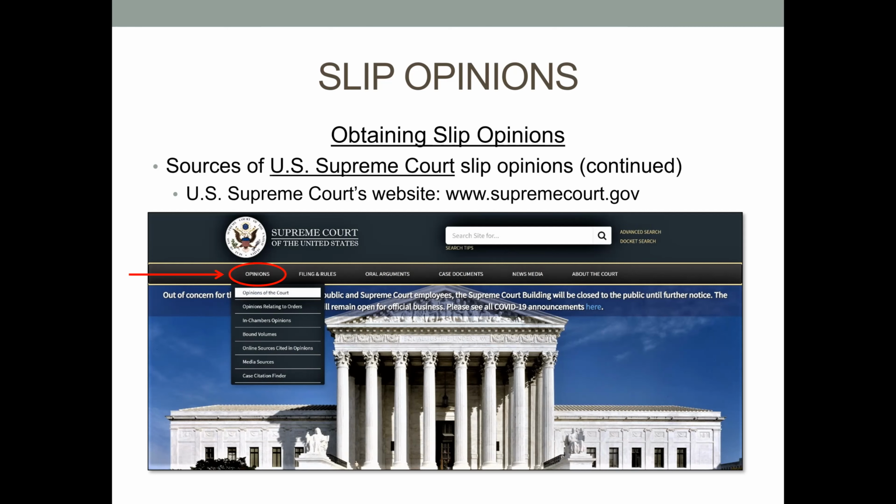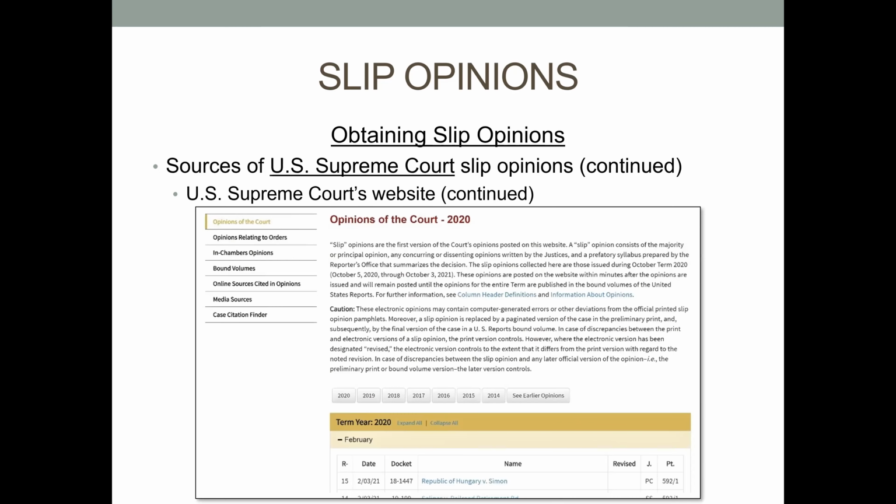Well, if you click on opinions, a drop down menu will appear, and the first option is opinions of the court. So if you click on that, then you'll be taken to a screen that looks something like this. And here you'll be able to browse opinions according to the year in which they were issued. And again, these will be the slip opinions for free, accessible on the Supreme Court's own website.